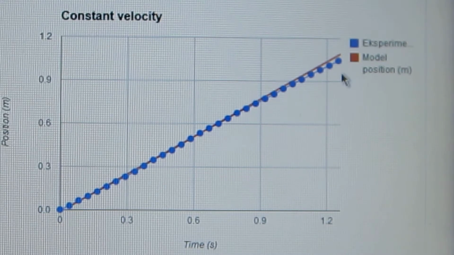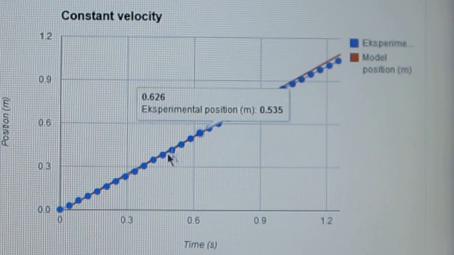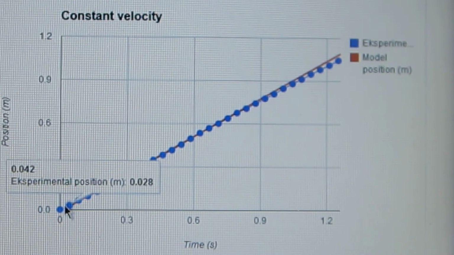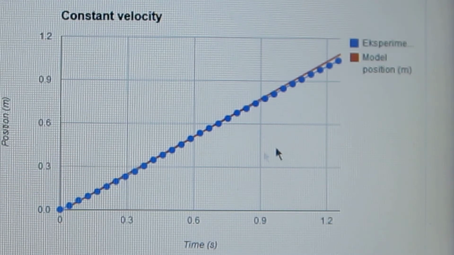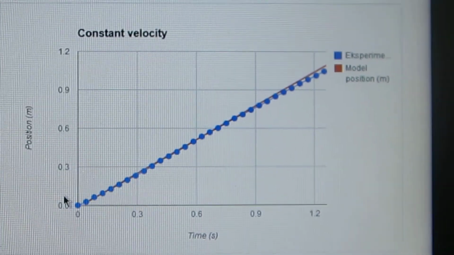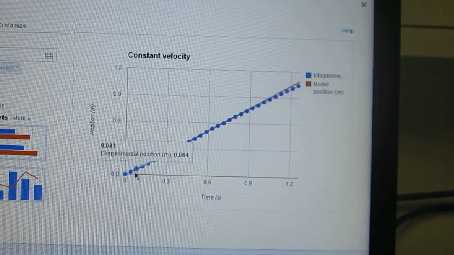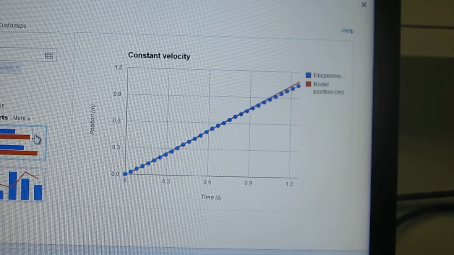If we moved the positive x direction to the other side, then the graph would be like a line with the same slope in this direction. Okay, that's all for the first time.